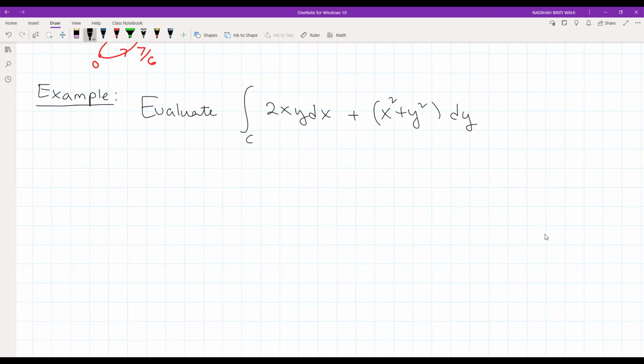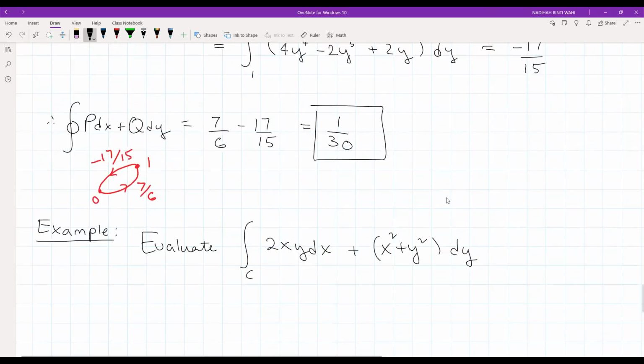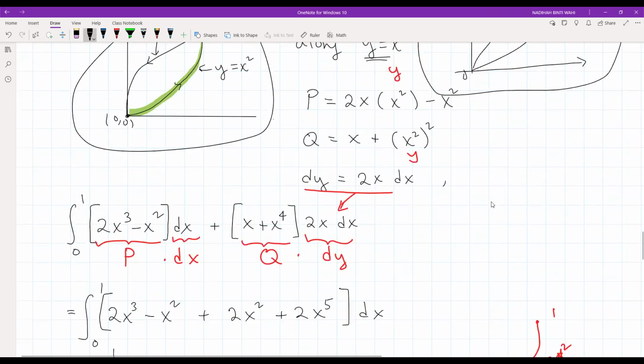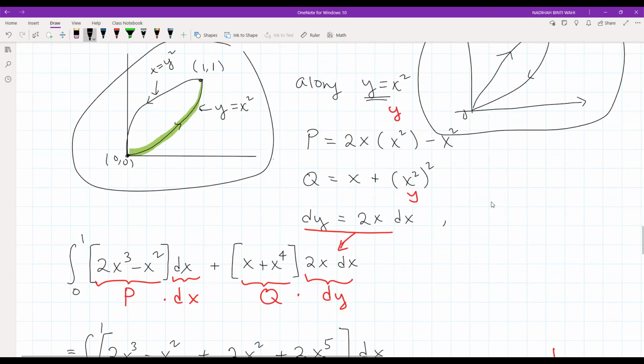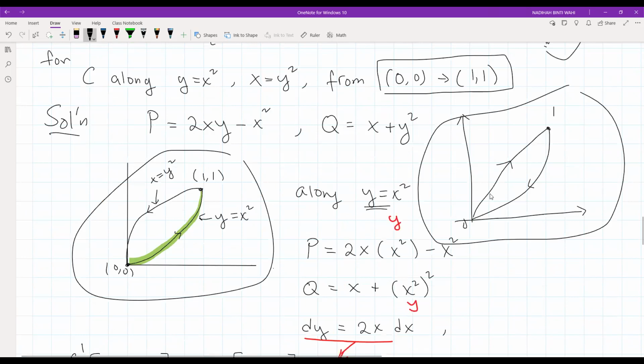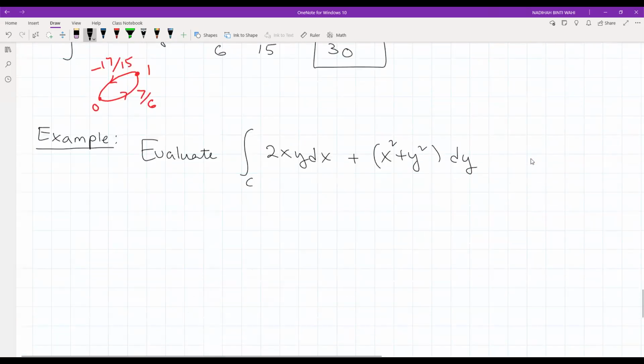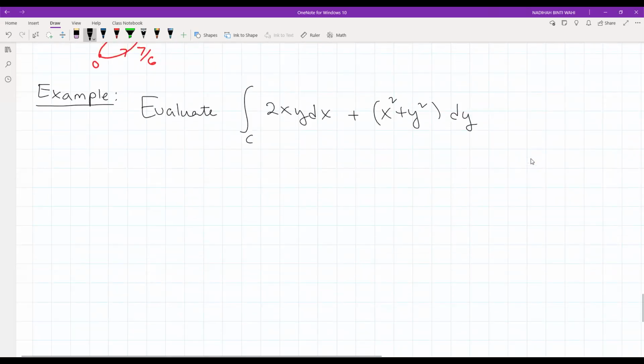Okay, so kalau tengok kat sini, this is almost the same as this question, but a slightly different P and Q. So yang ni cuma ada X dan Y, X to the power of 1. Okay, so just slightly different.